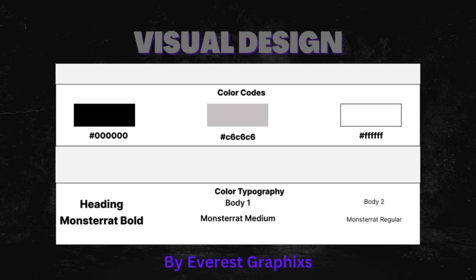Then for the colors, I chose black with the color code 000000, white with the color code FFFFFF, and gray with the color code F5F5F5. For images, I decided to use some eco-friendly clothes.